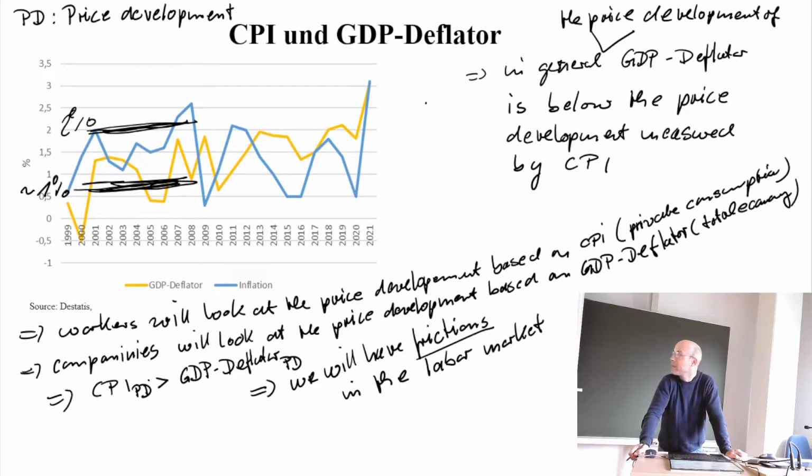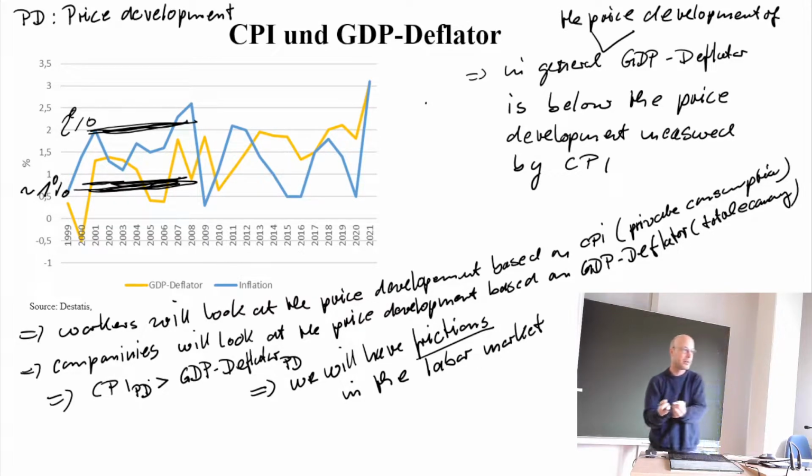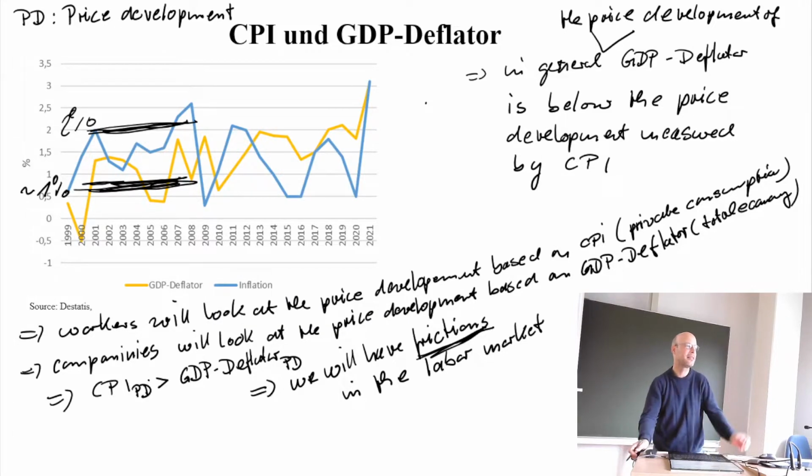But in general, it is more or less a descriptive point we find when we look at the time series, that in general the price development of GDP deflator is lower. And so from this point, we in general have these frictions in the labor market, because I want more money than the company wants to pay me.